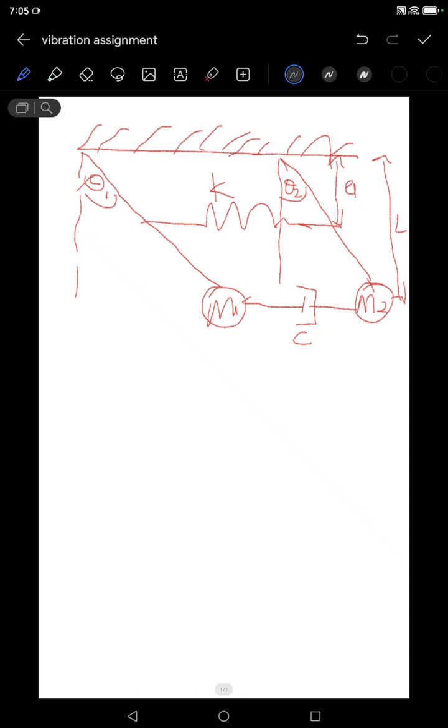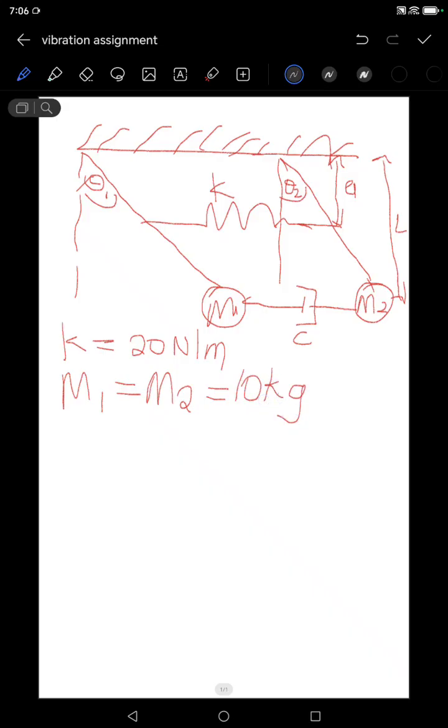So we are given that K is equal to what? It's equal to 20 Newton per meter. Okay, and then we are given that M1 is equal to M2, which is 10 kg.